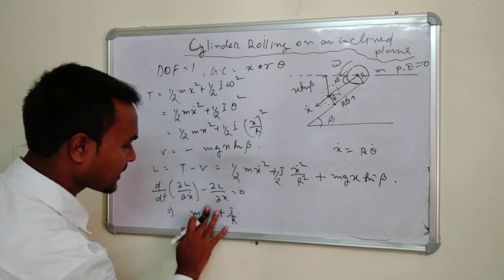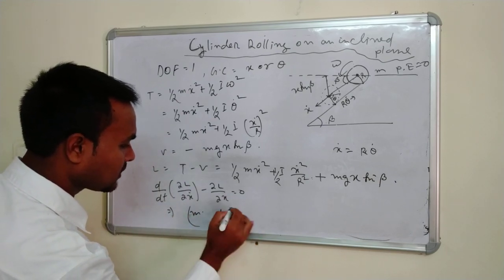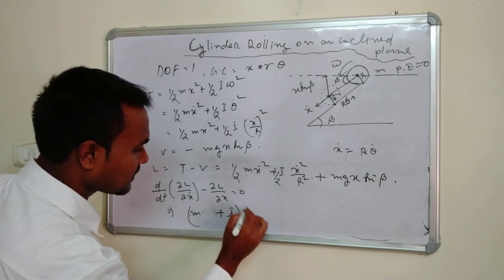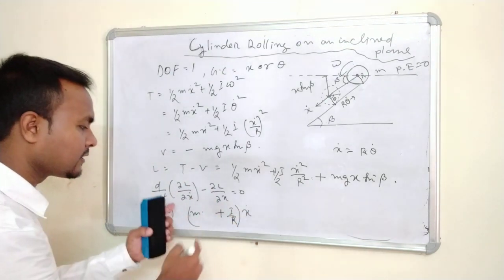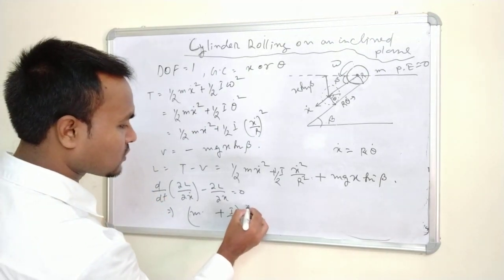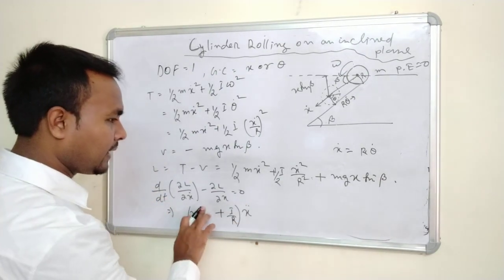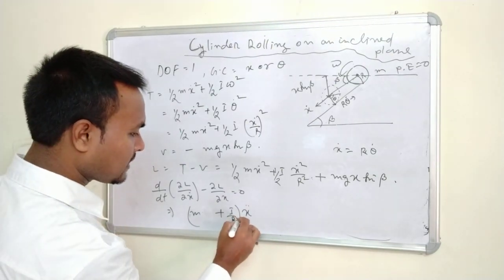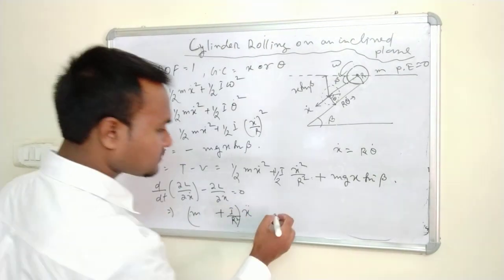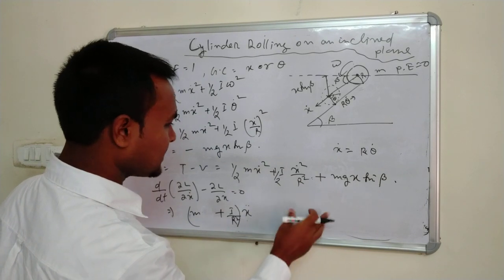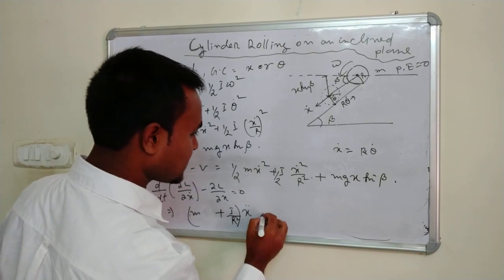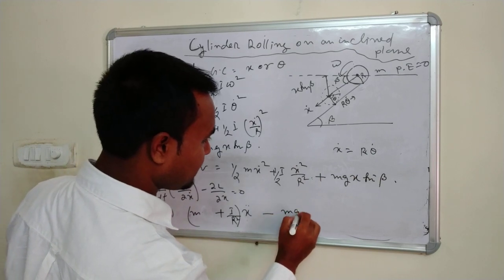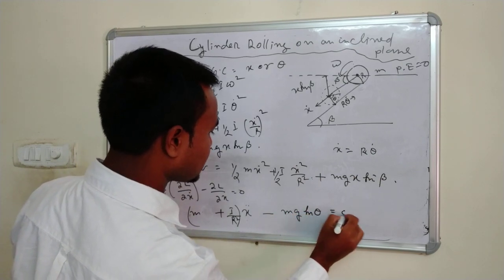So x dot I can take common, and again differentiating with respect to time, x double dot times m plus I by r square, and minus this, with respect to x, mg sin beta, that is equal to 0.